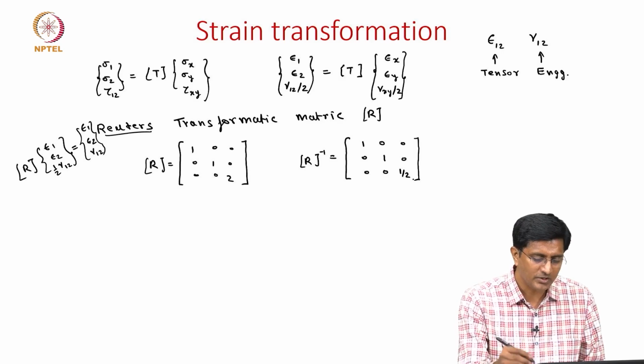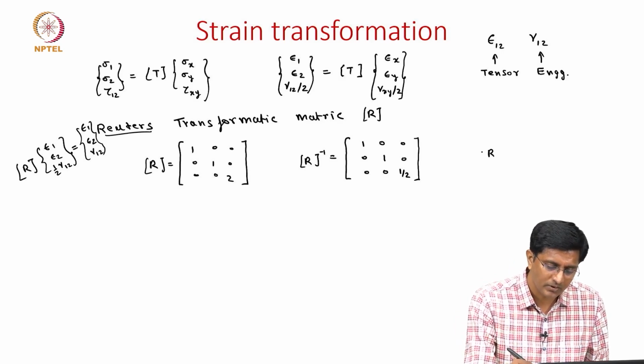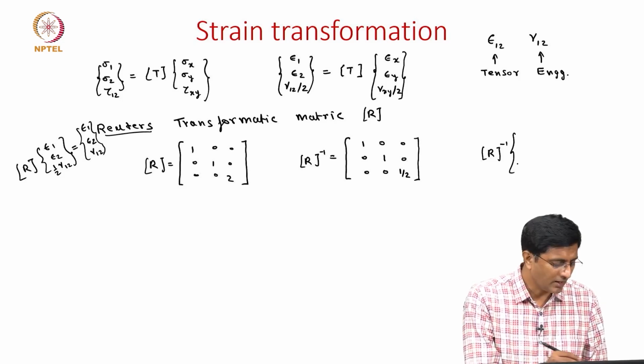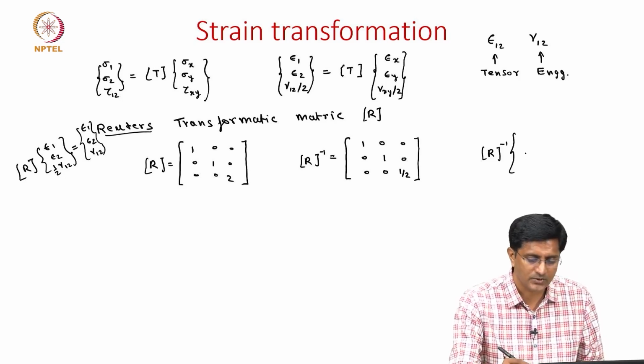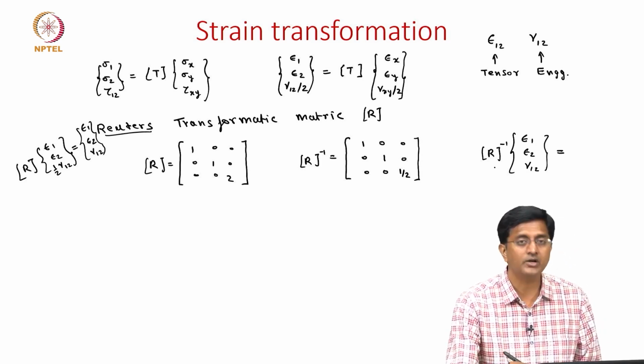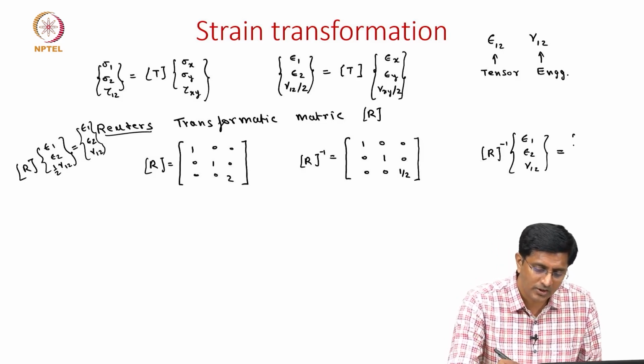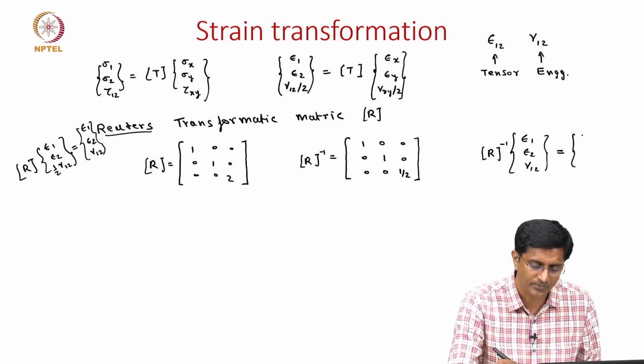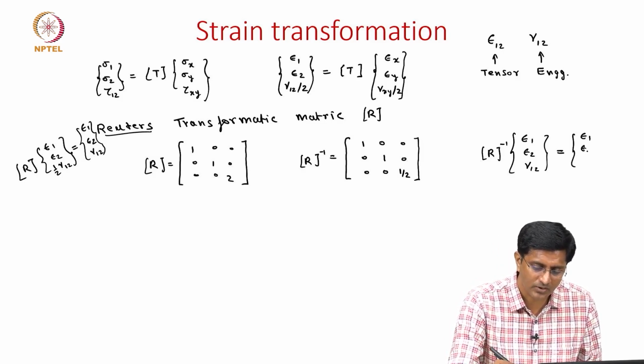So, where I can use this R inverse is, let us say I have these quantities written in terms of the engineering shear strain, meaning epsilon 1, epsilon 2, gamma 1 2. If I pre-multiply that with R inverse, then it should take it to the strains in the tensor form, epsilon 1, epsilon 2 and half of gamma 1 2.